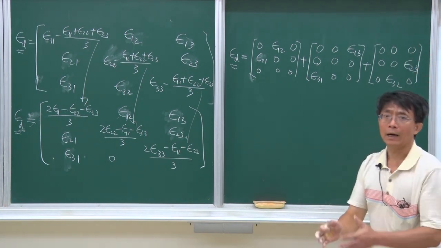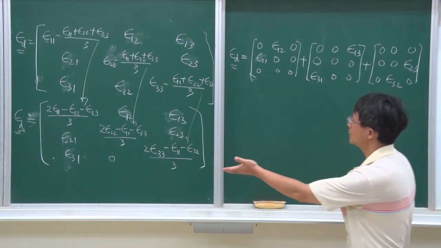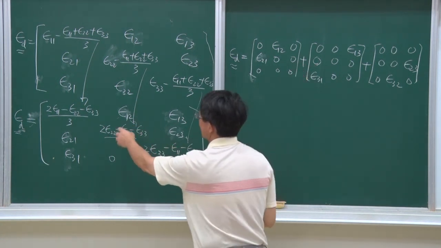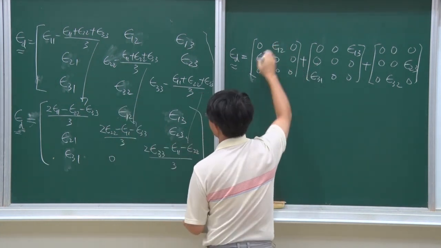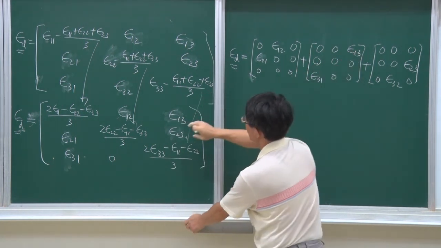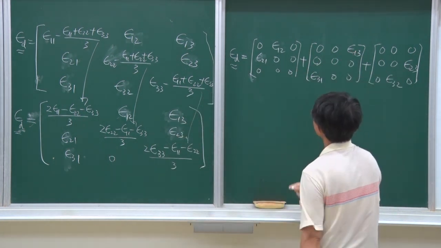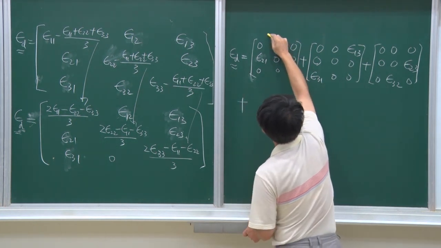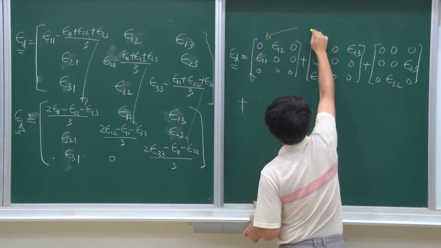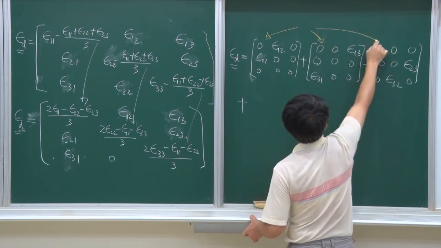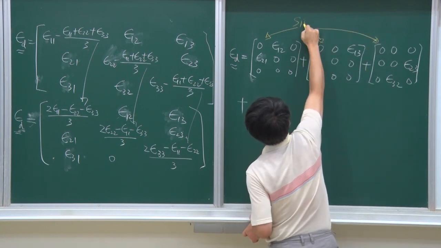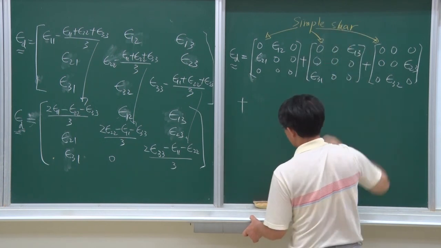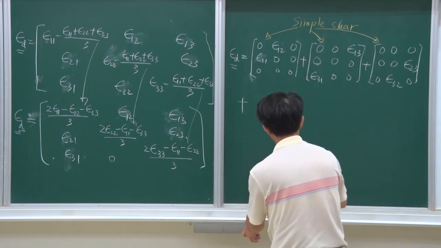we can decompose this big matrix into 6 matrices. Here becomes here, here becomes here, here becomes here. Okay, and then this part. Okay, simple shears.